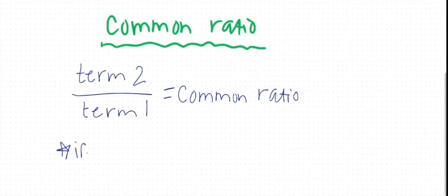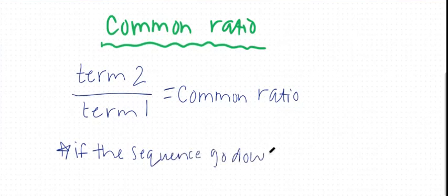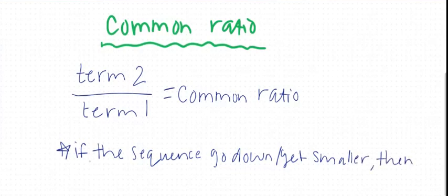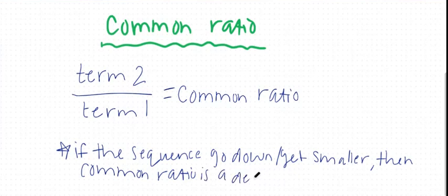Okay, if the numbers in the sequence are going down or get smaller, then the common ratio is a decimal between -1 and 1, with 0 in the middle.